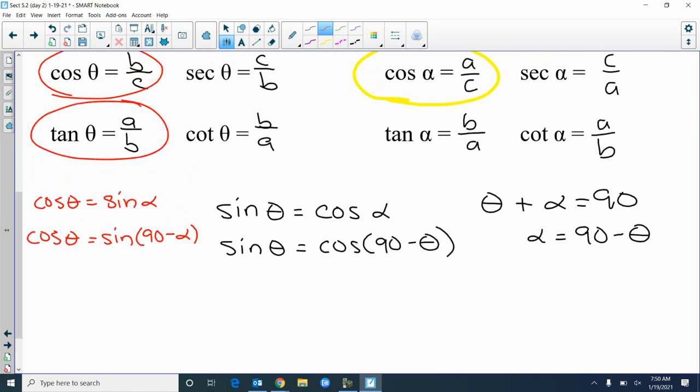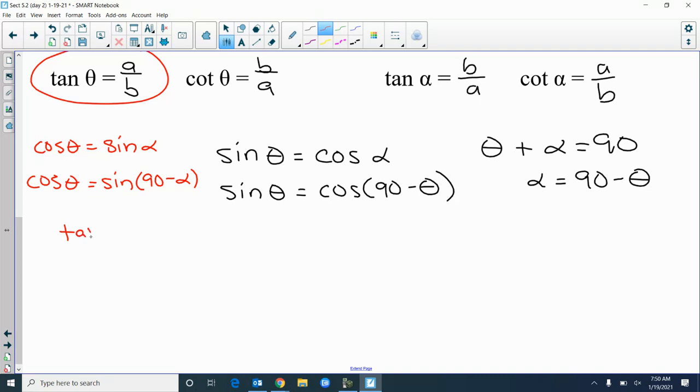Tangent's A over B. What does that equal over there? It equals cotangent. So the tangent of theta equals the cotangent of alpha. Well, we said alpha is, that's not cos, it should be cot. Sorry. Cotangent. And that is going to be cotangent of 90 minus theta.